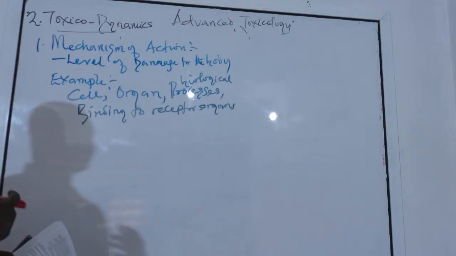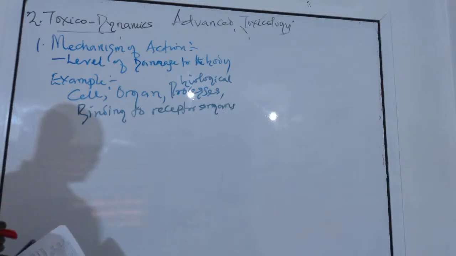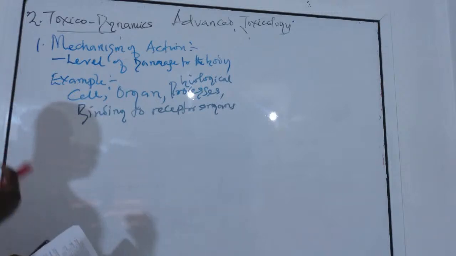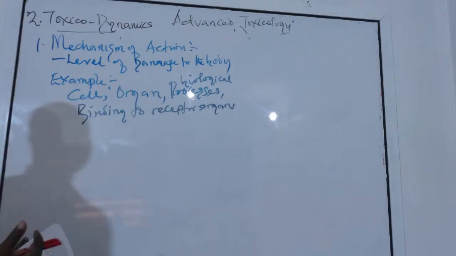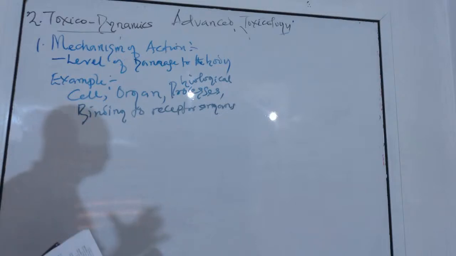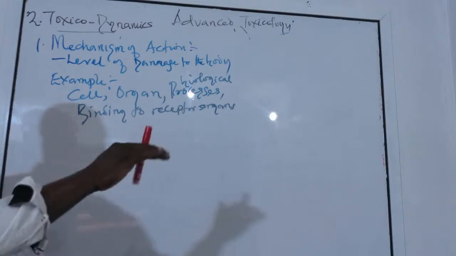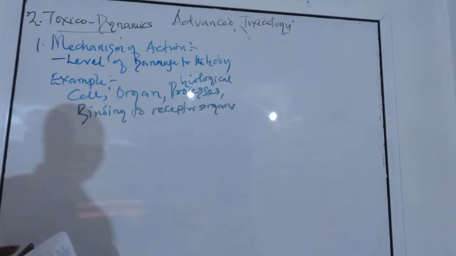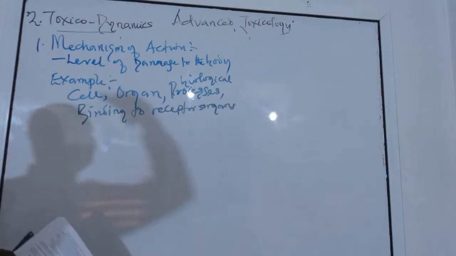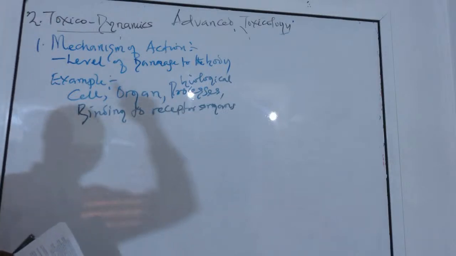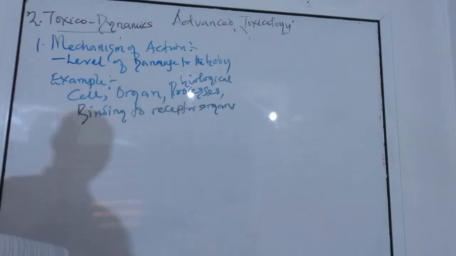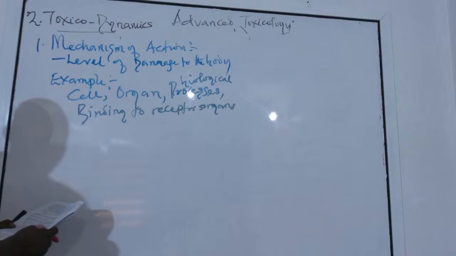It's like transporting luggage from, let's say, Lagos to Abuja. You need to know the routes and the stopping points, so that when you want to monitor it, you can estimate the time it's going to take. So measuring the mechanism of action is very important.